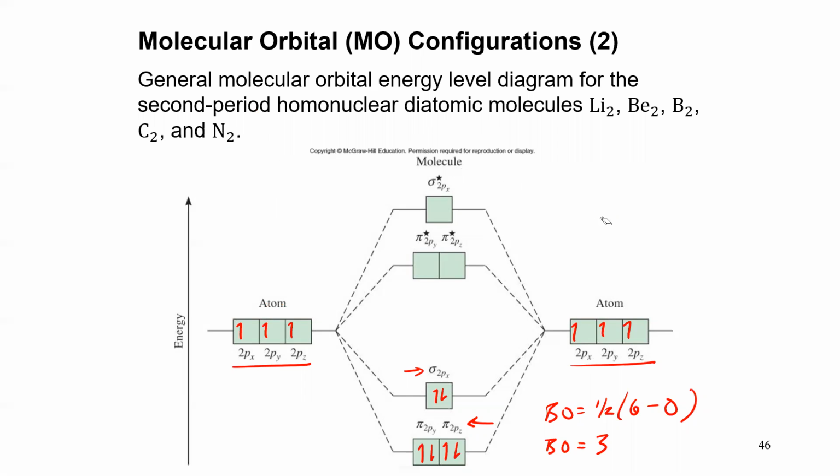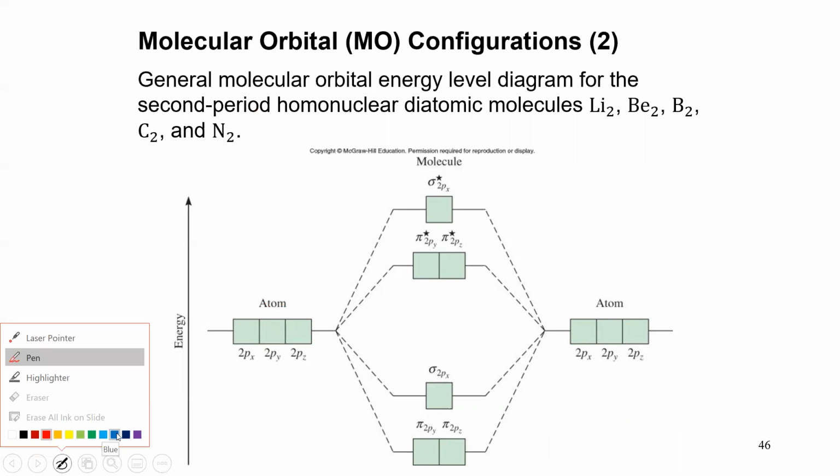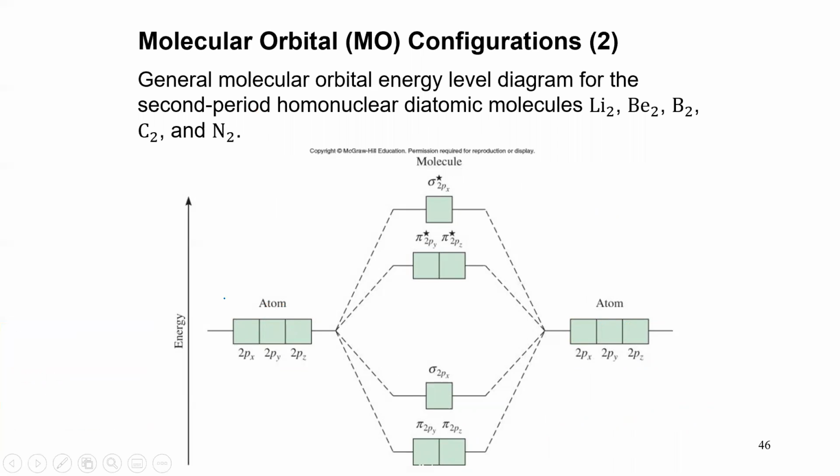I'm going to erase this real quick and do oxygen, since we talked about oxygen already, as being one of those things that doesn't exactly follow hybridization rules very well. If this is oxygen and this is oxygen and this is O2, how many electrons are in the 2p subshell for oxygen? 4. 4, that's right. And so we end up with 1, 2, 3, 4 for each oxygen atom. That gives us a total of 8.